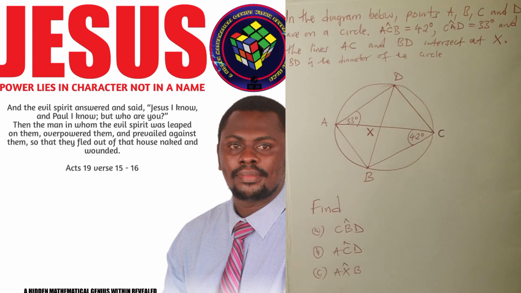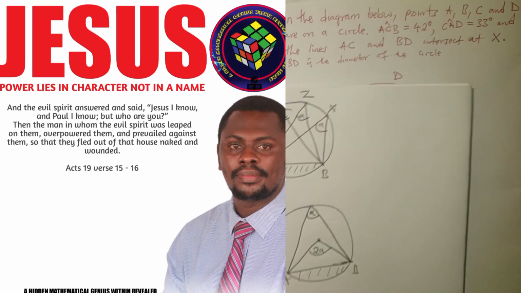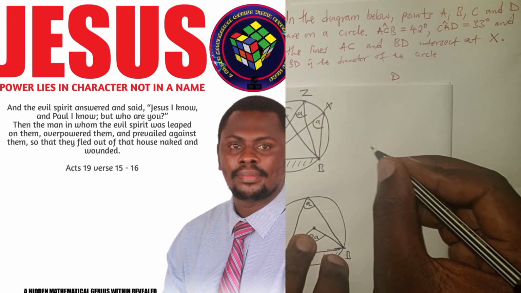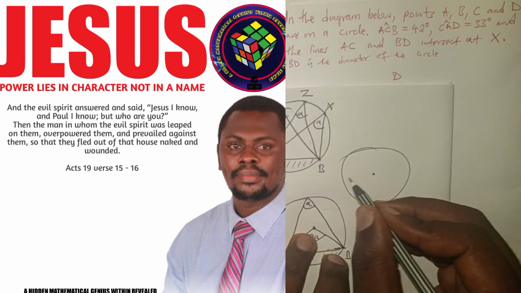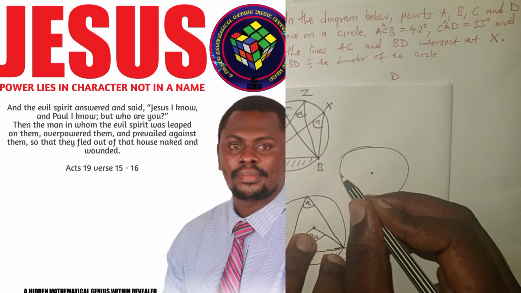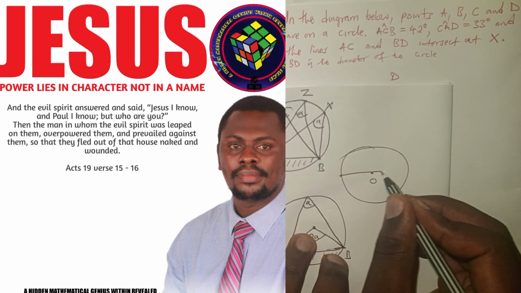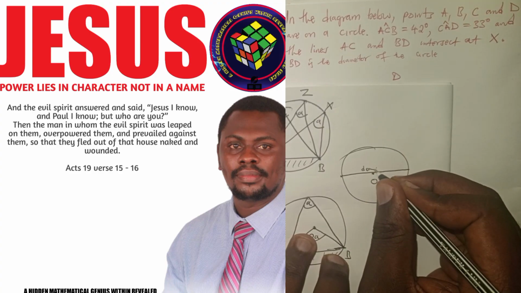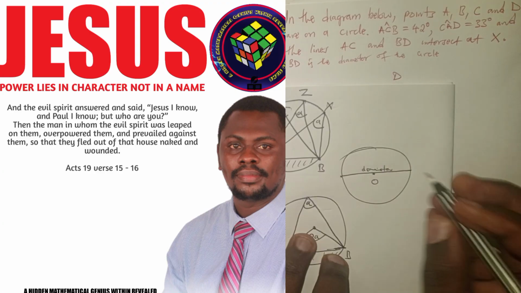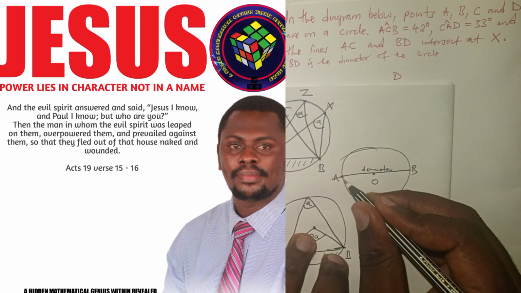Then another property is angles produced from a diameter. So if this is a circle and we have a center and we have a line passing through the center from one end to the other end, then that line will be a diameter, and this diameter produces an angle. Let's say we have diameter AB.